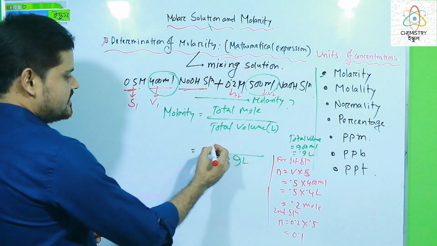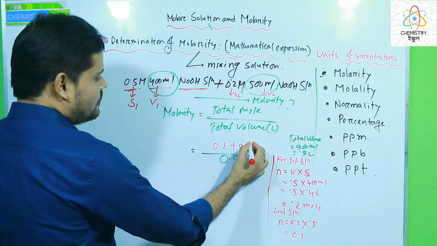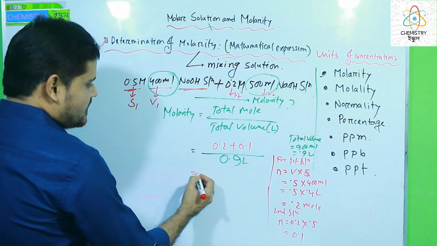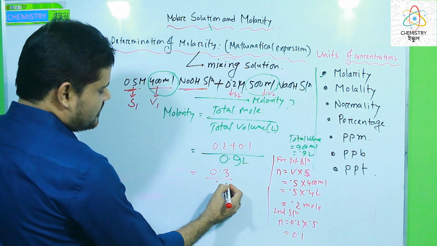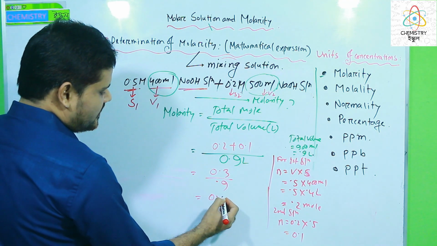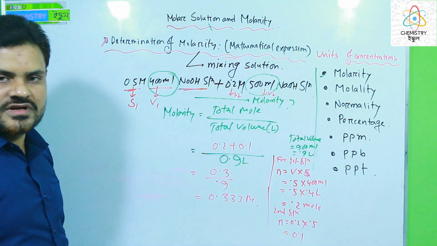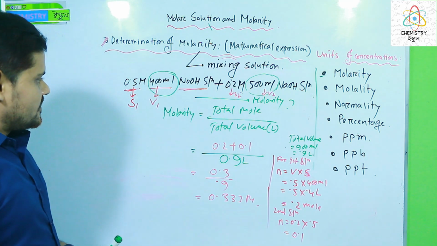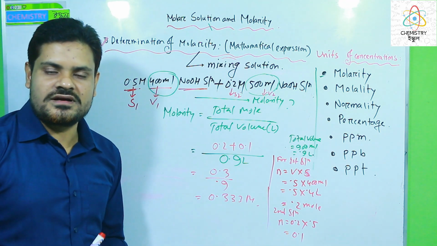Then we put 0.2 plus 0.1, the total moles, which gives 0.3, divided by 0.9. Then we get 0.333 molar. This is the molarity.